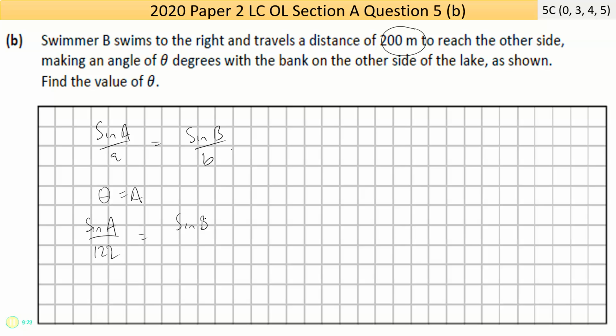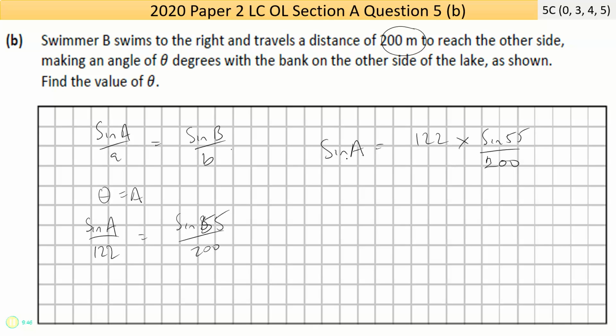So sine 55 over 200. At this stage, if I bring the 122 across here, I'm left with sine of an angle equals 122 times everything on the far side. I can leave it like that. My calculator would handle it.